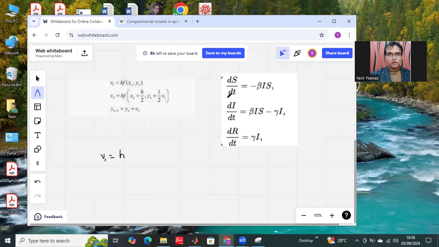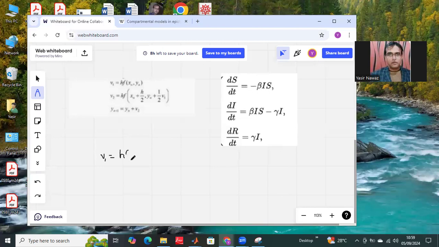What is F of x, y? It is the right hand side of each equation. If the equation is not written in this form, you first convert it into this particular form, in which the derivative is on one side and the remaining terms on the other side. So I will use the remaining terms from the right hand side.